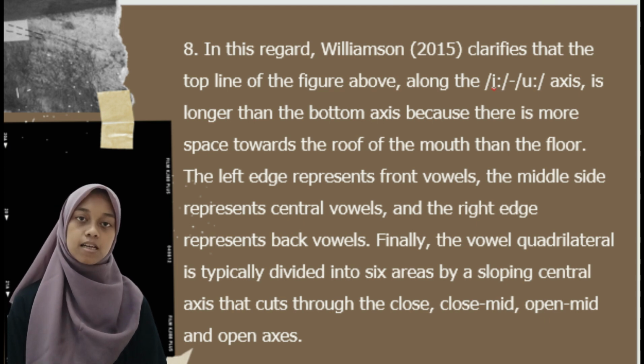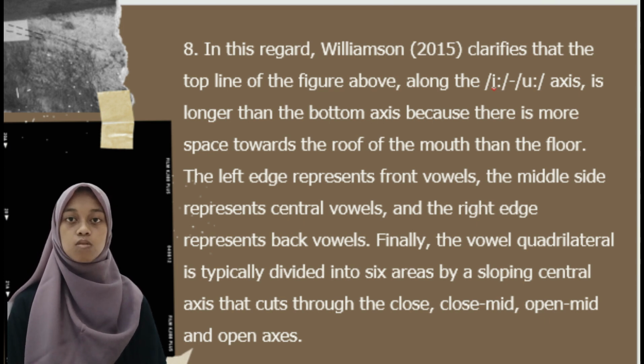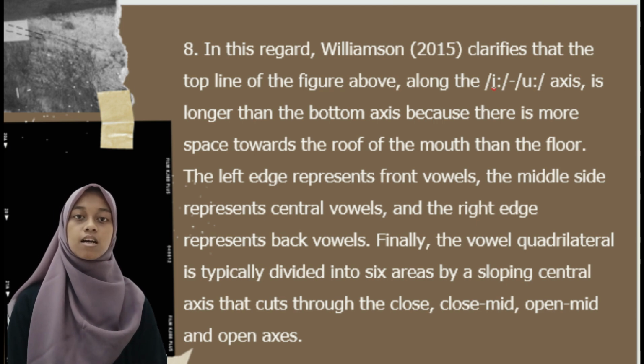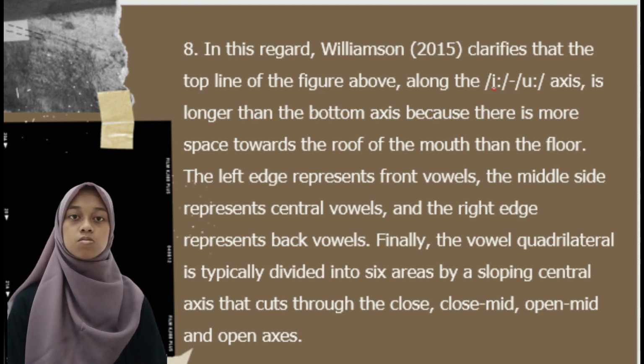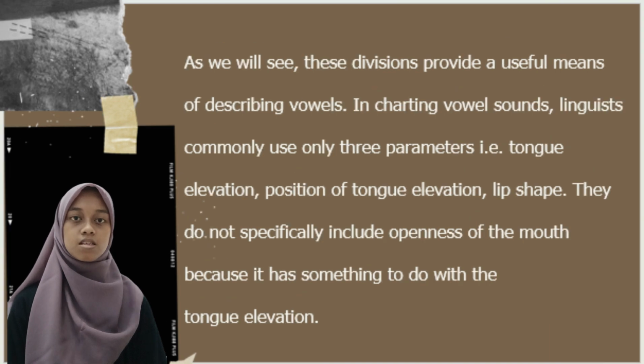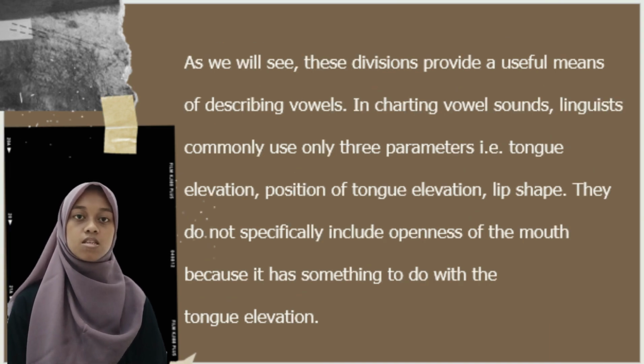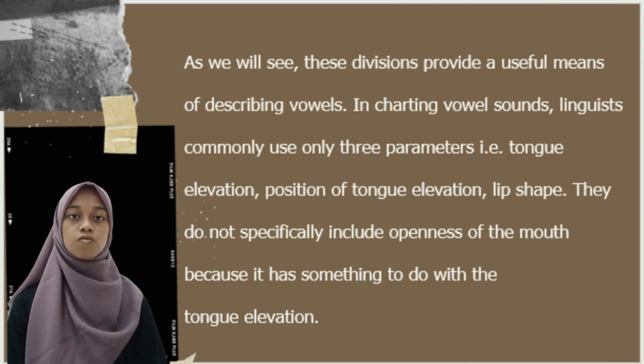The middle side represents central vowels, and the right edge represents back vowels. Finally, the vowel quadrilateral is typically divided into 6 areas by a sloping central axis that cuts through the closed, mid, open mid, and open axis. As we will see, these divisions provide a useful means of describing vowels.